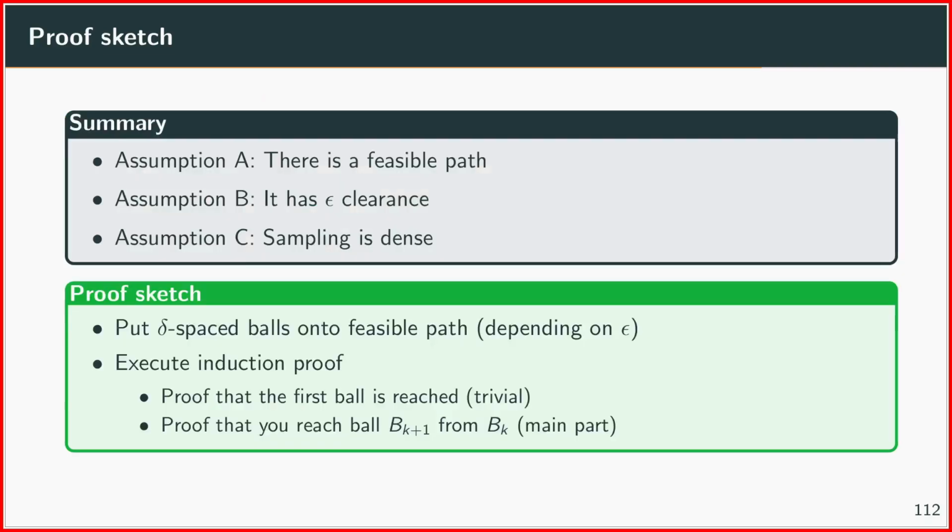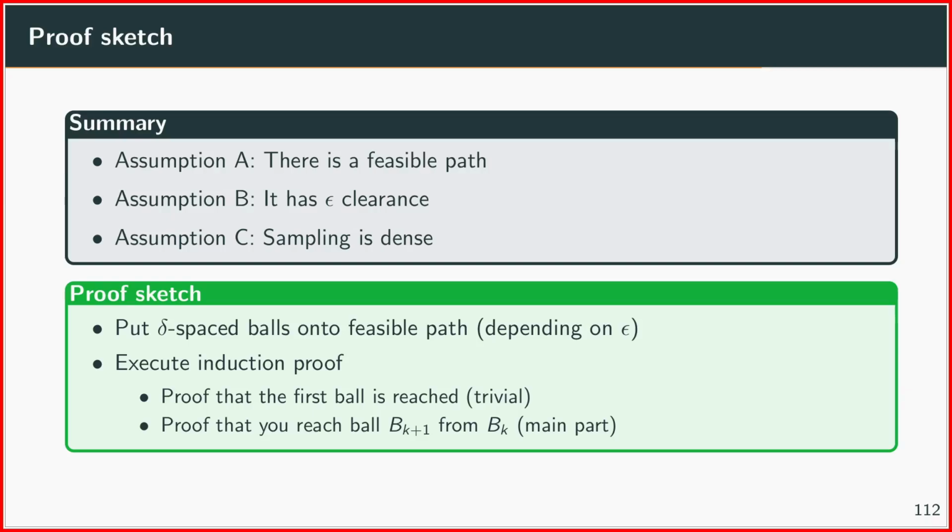And so in summary, you need first those 3 assumptions here, and you need to make sure that you have a feasible path. You need to make sure that it has an epsilon clearance so that you can put some disks on it. And then you have to also assume that your sampling is dense. And then this proof, as I showed you, is just that you put those delta space balls onto the feasible path depending on your epsilon. So if your epsilon is very small, you need to also have very small balls or disks on it.